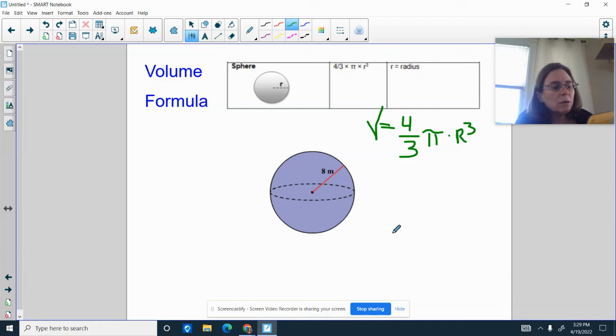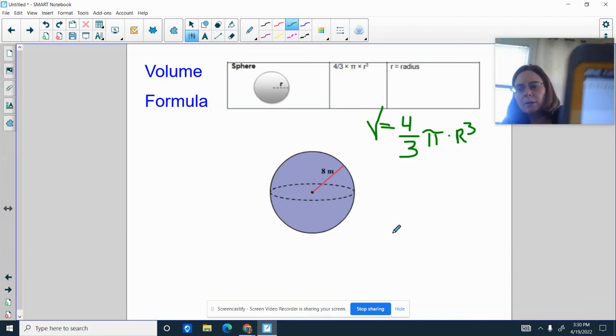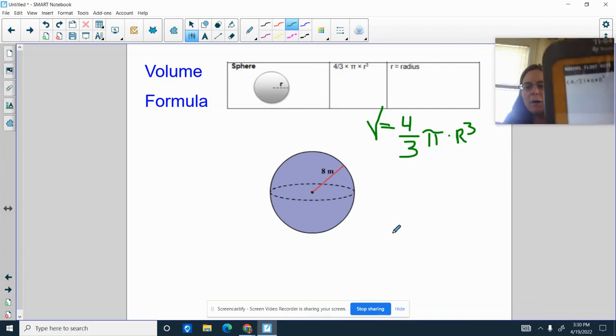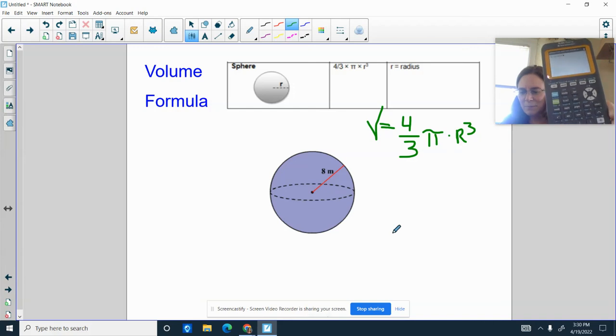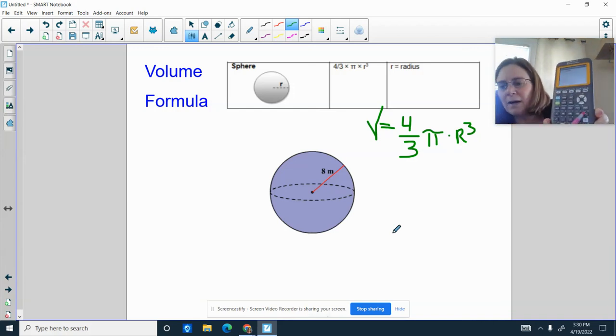That's fine. Or if you're using a calculator, I have 8 to the 3rd power. The way you get the 3rd power in is, on my calculator, it's right here, this up caret.